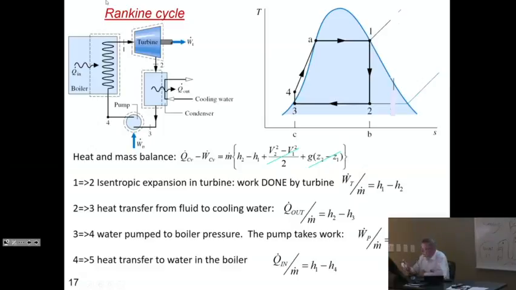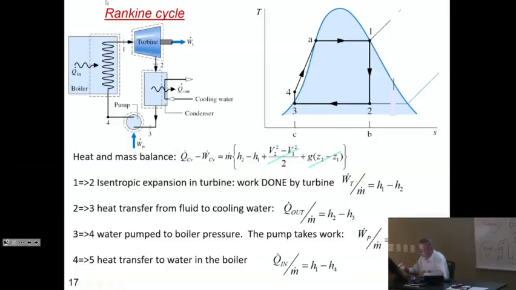Notice that when we have written these 4 equations, we have actually thrown the sign conventions out of the window. What we have done is we consider that the work of the turbine is work out, and it is positive because of the arrow that we have in this little figure. H1 being higher than H2, this is a positive number. Q out from 2 to 3, this has more enthalpy than this.